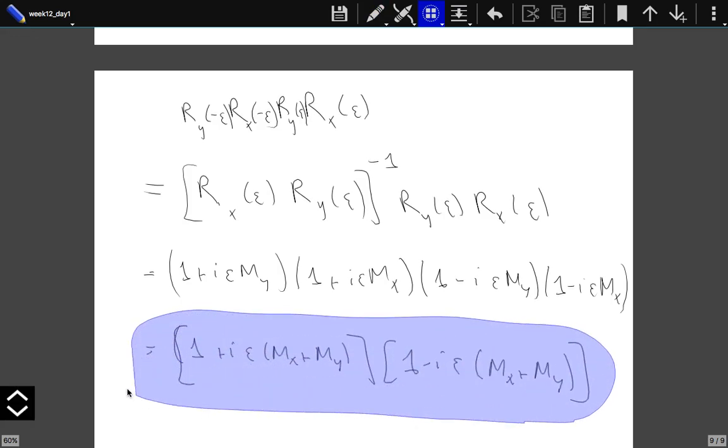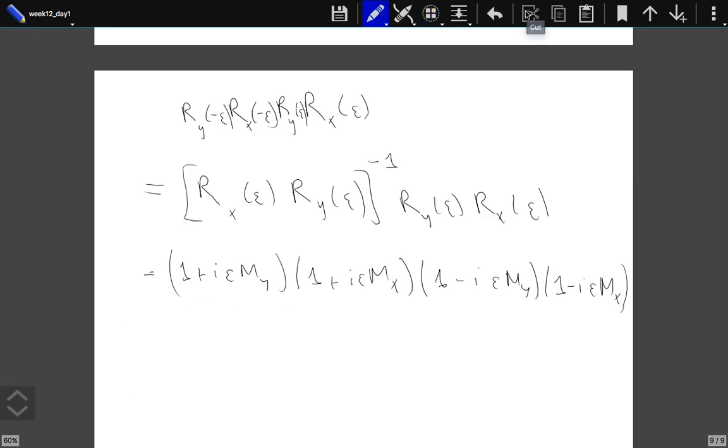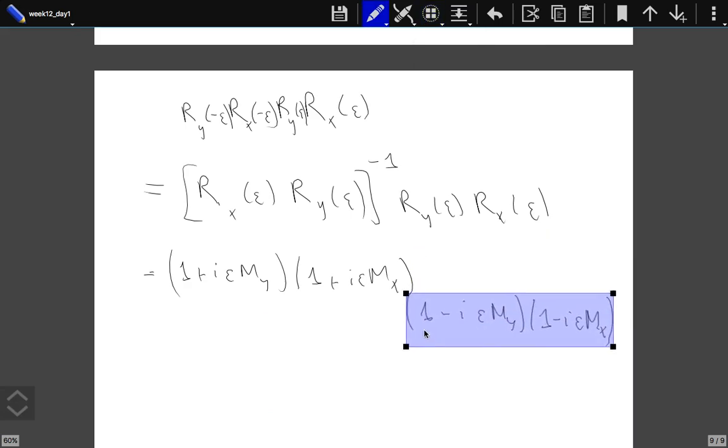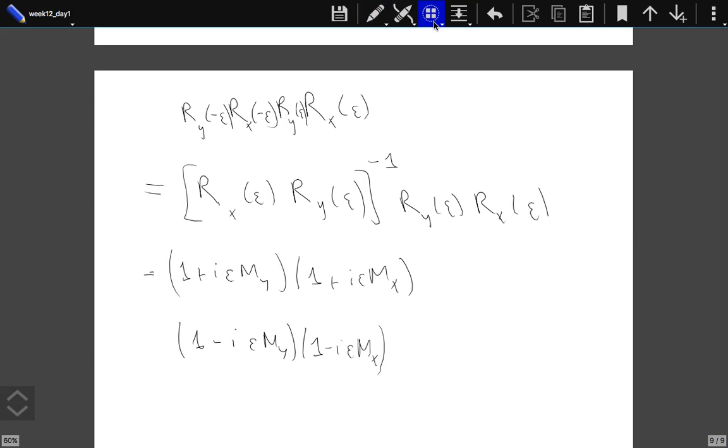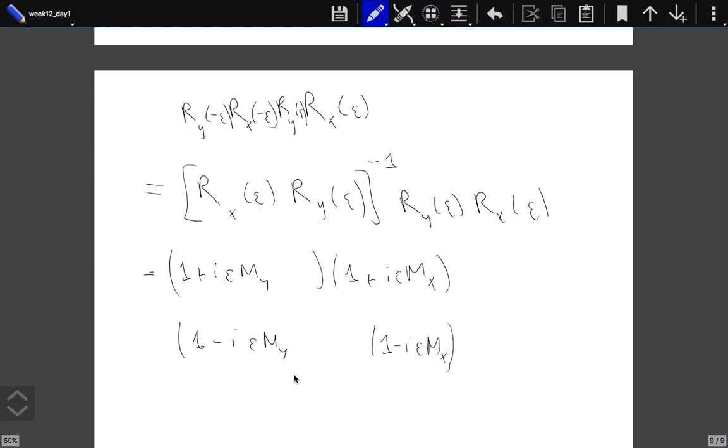So the rotated Sx for a rotation around the z-axis, the expectation value is nothing but the expectation value of Sx multiplied by cosine theta, h bars cancel, minus the expectation value of Sy times sine theta.